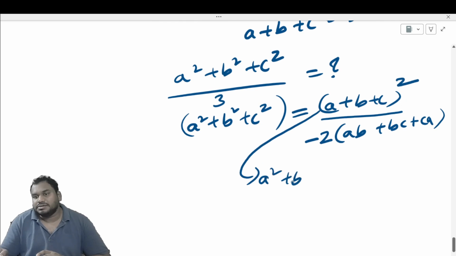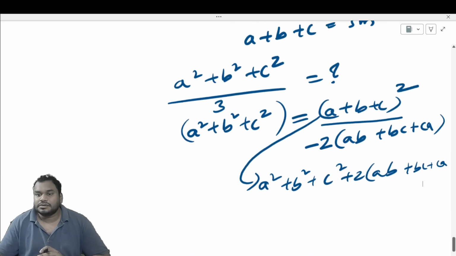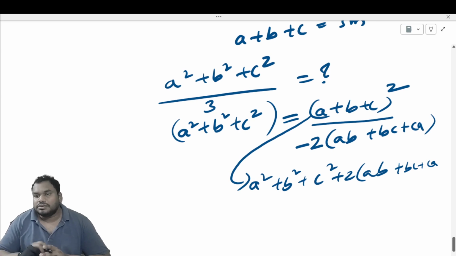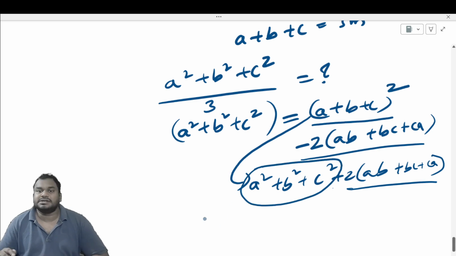A square plus B square plus C square plus 2 into (AB plus BC plus CA). Now, if I write this formula here, then this one and this one get cancelled, then A square plus B square plus C square will be remaining.